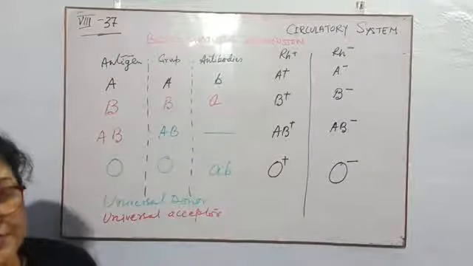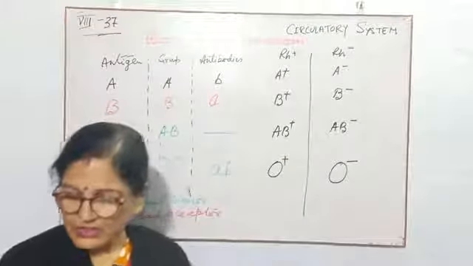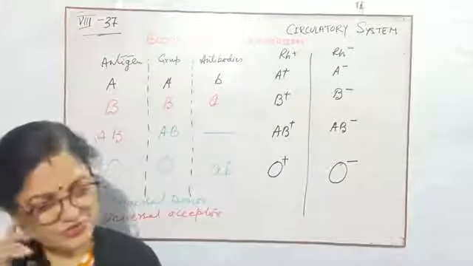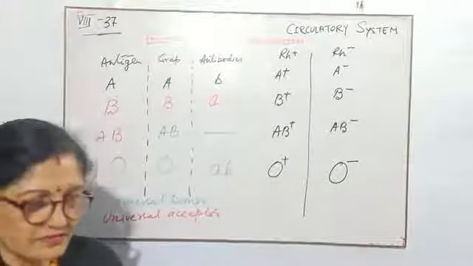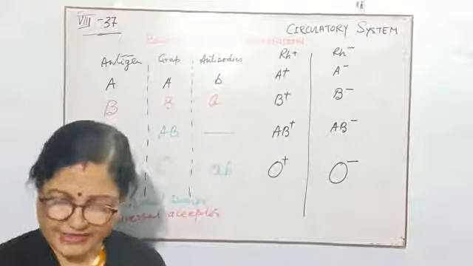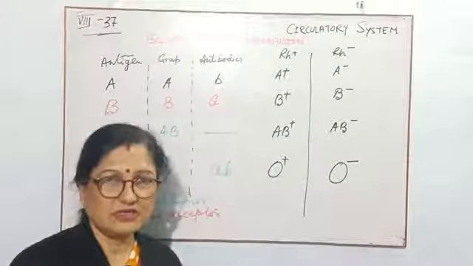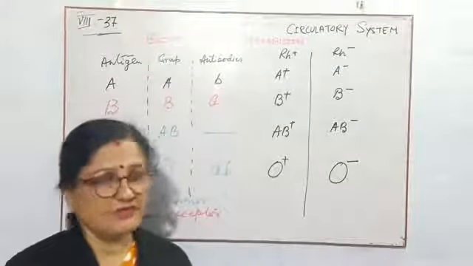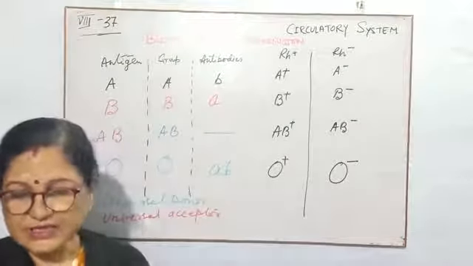It is called A, B, AB and O. It is termed as 4 blood group system, and these are designated like that according to the antigen. And same thing will happen with the Rh factor: if it is there, then blood group will be positive, and if it is not there, then blood group will be negative.